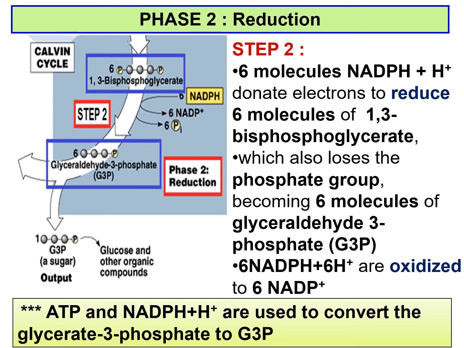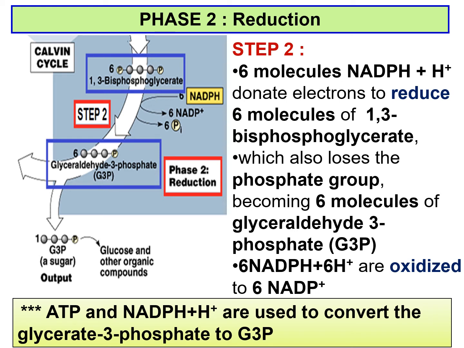So NADPH is oxidized since it has already donated the electron and the proton, oxidized to NADP plus, and it will return to the light-dependent reaction. So now we have glyceraldehyde 3-phosphate.